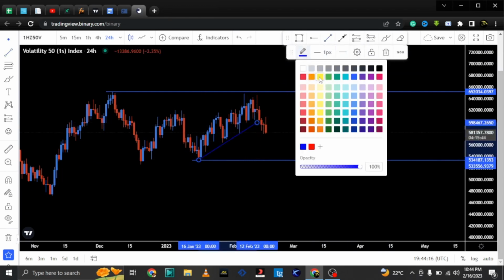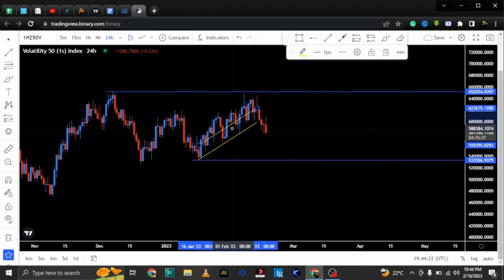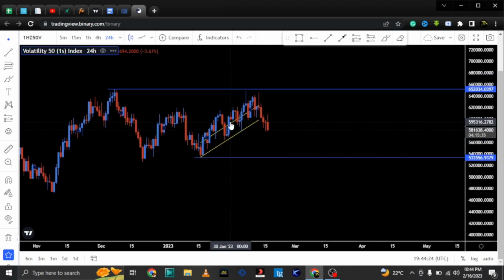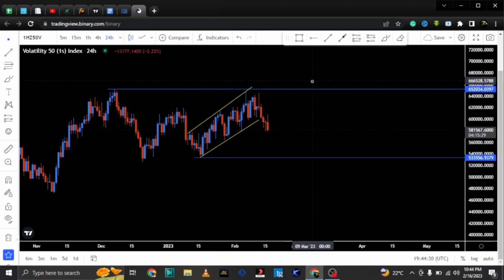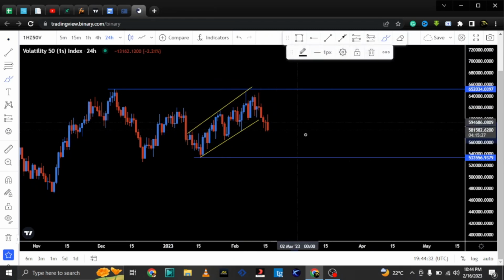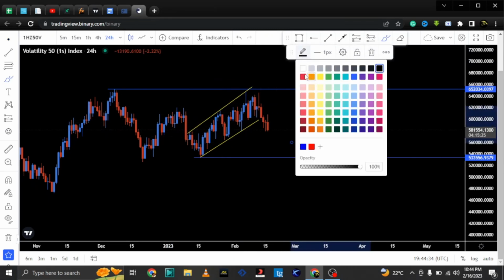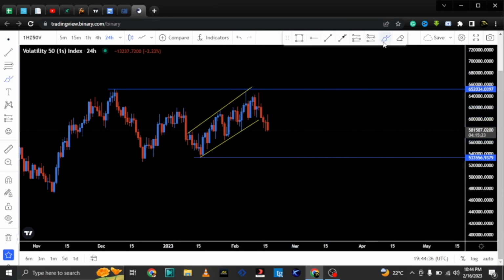Okay, let's make this yellow so that it's clear for us to see. Okay, and then yeah, you can see that was a beautiful ascending structure over here. Very nice. Let me make this white so you can see here.